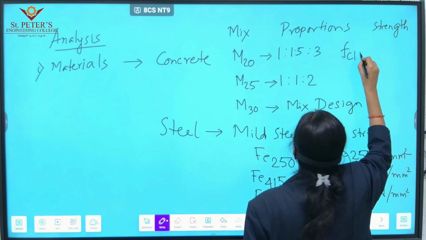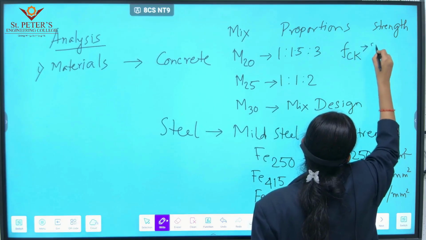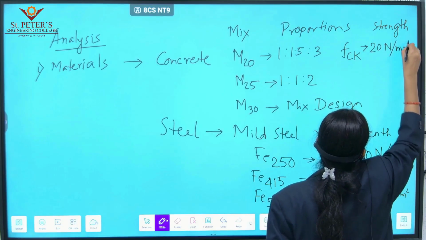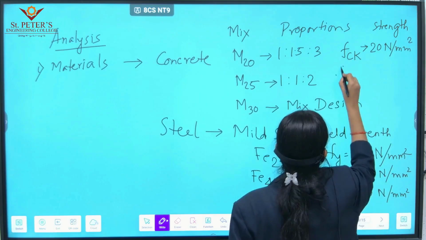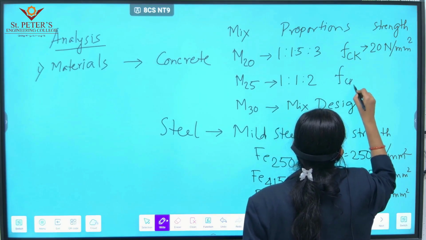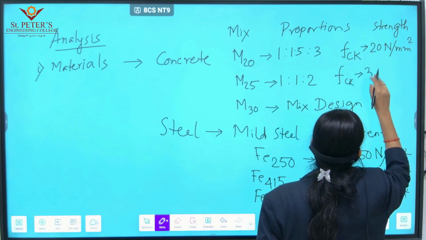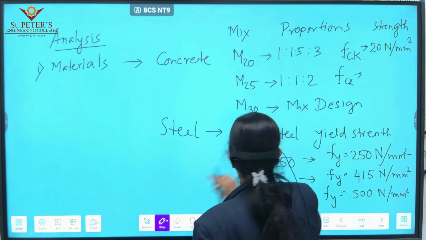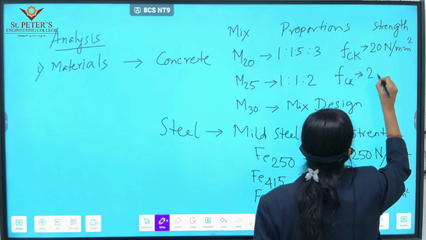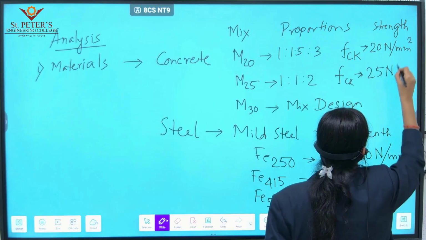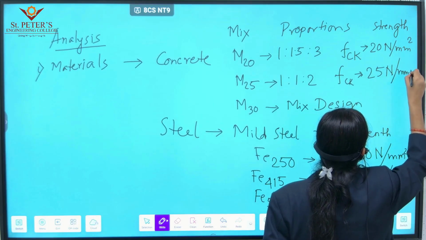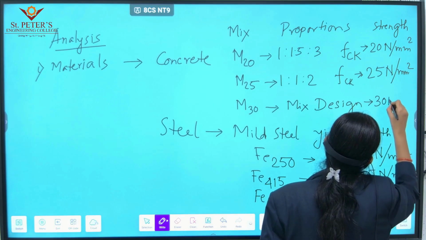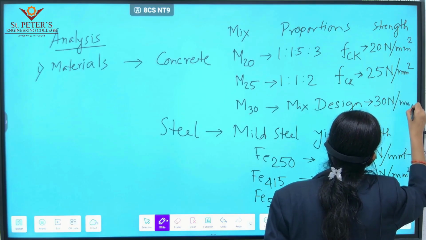So fck of M20 concrete is 20 Newton per mm square, for M25 it is 25 Newton per mm square, and for M30 it is 30 Newton per mm square.